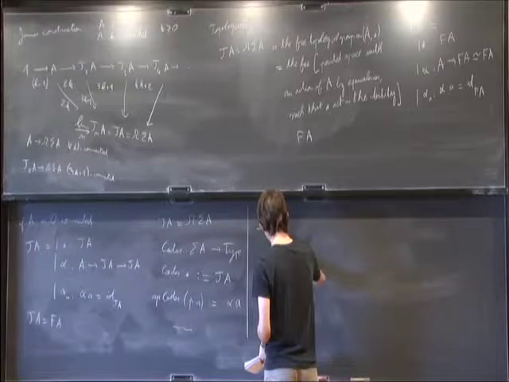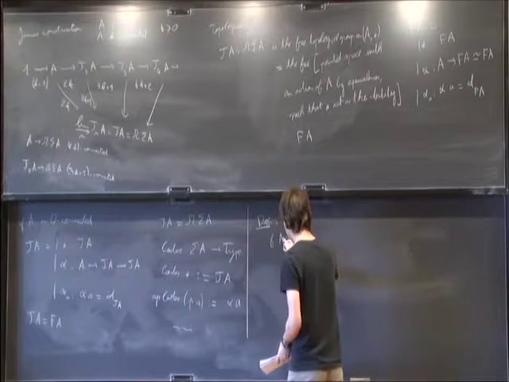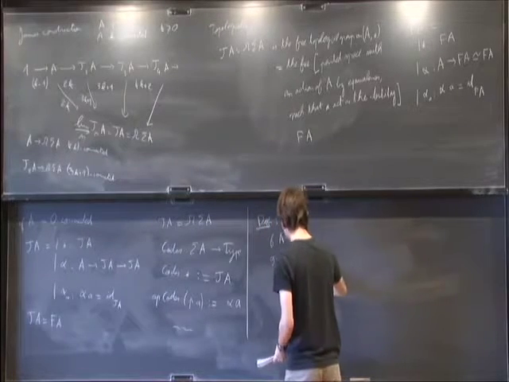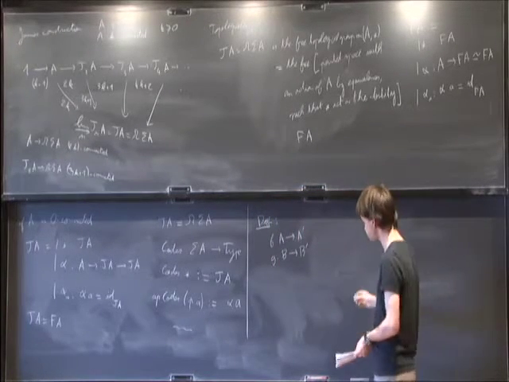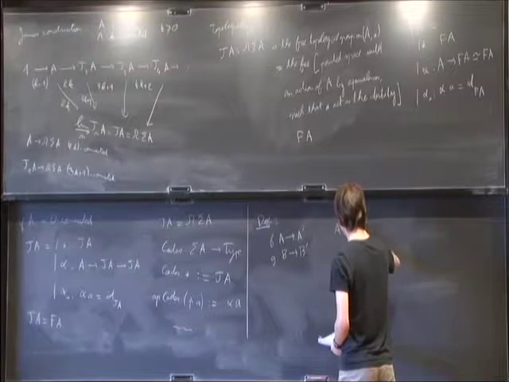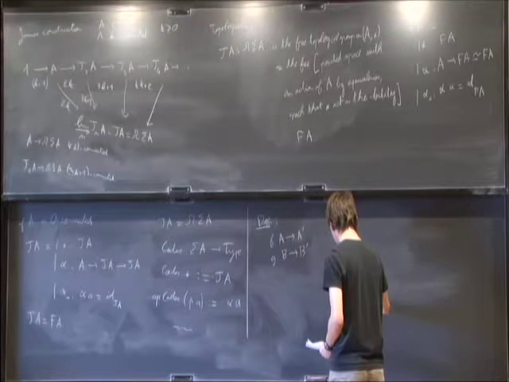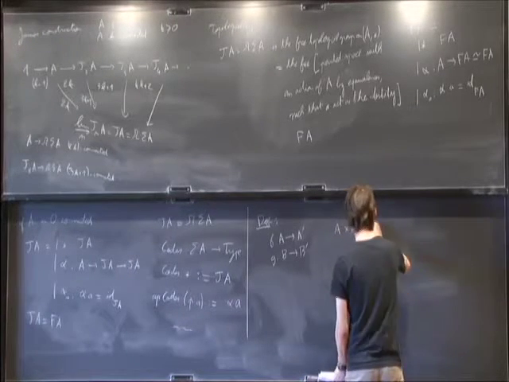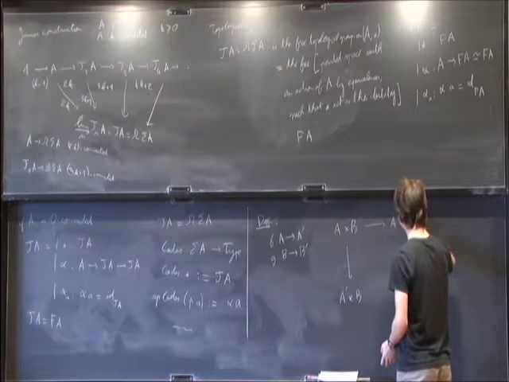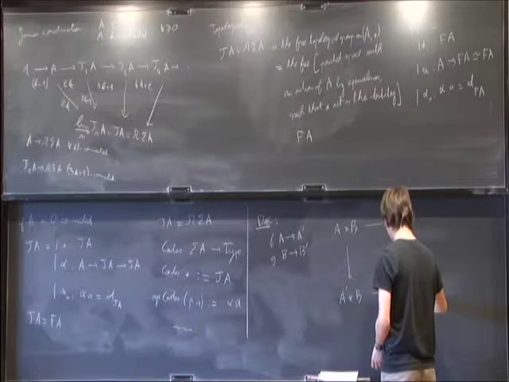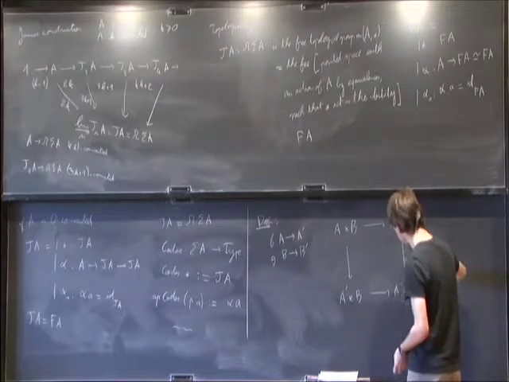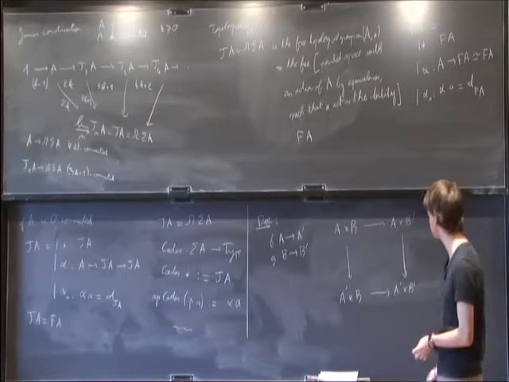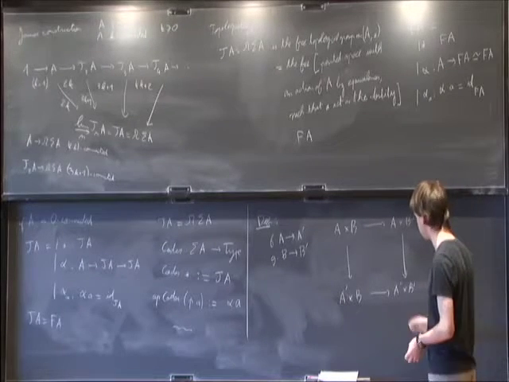So first, if you have two maps, F from A to A prime and G from B to B prime, you have the following diagram, where on each map you apply the identity on one side and F or G on the other side.